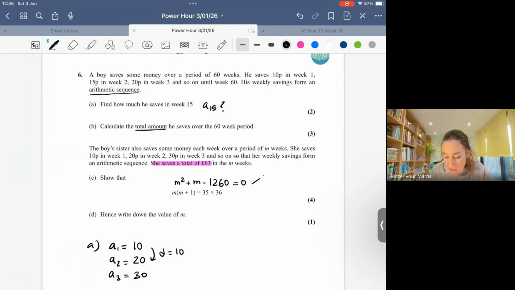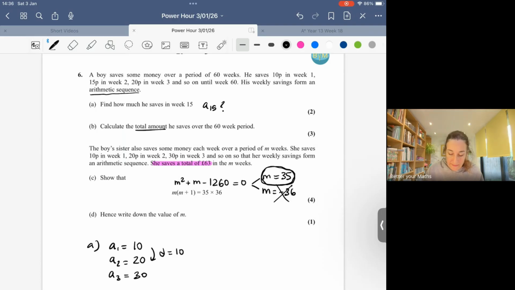You solve it and you get m is 35, and the other one is going to be negative, minus 36. It cannot be minus 36, so m is going to be 35.